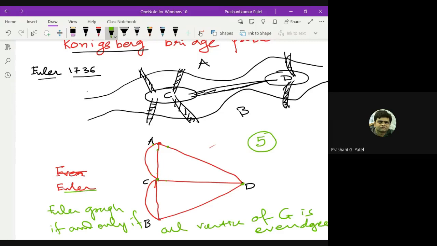And in history, it is said that this problem is the origin of graph theory.